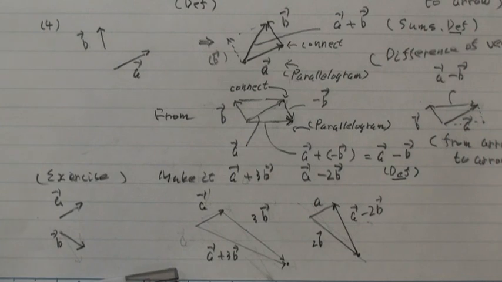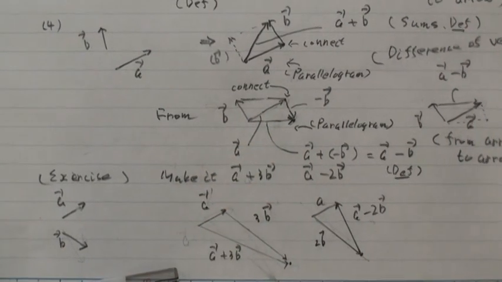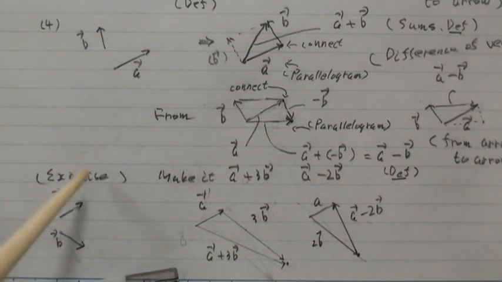And example: make a plus 3 times b vector, plus a minus a vector minus 2 times b vector. Make it a vector and b vector.